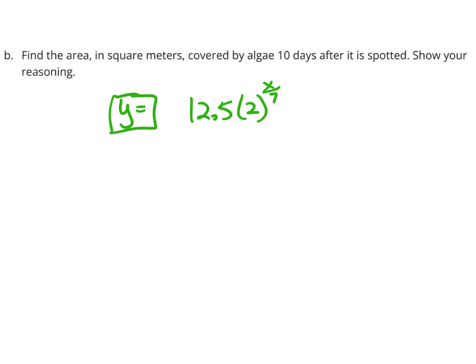So now, when I put this into the calculator and the y equals, when X equals 10, what is Y? When X is 0 it is 12.5, in 1 day it should have doubled to 25. So it should be a little bit more than 25. And Y is about 33.65, rounding.